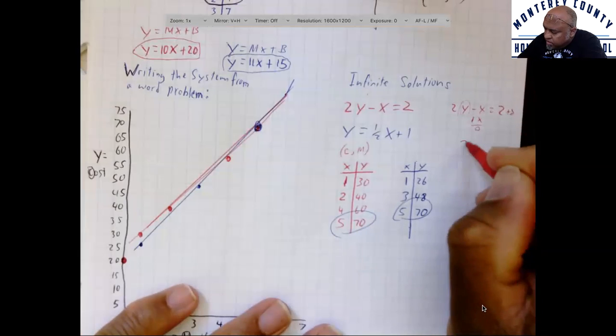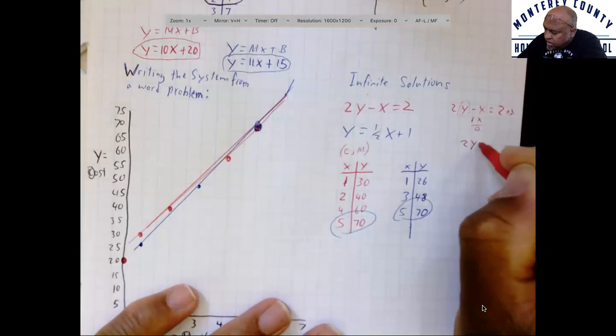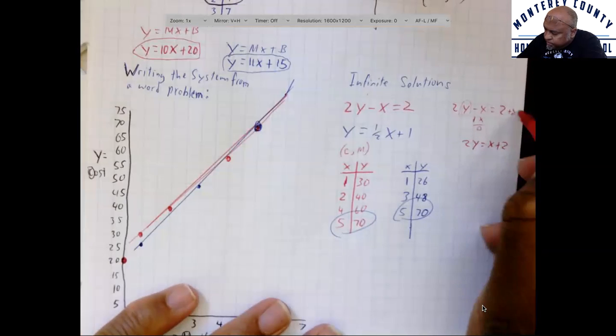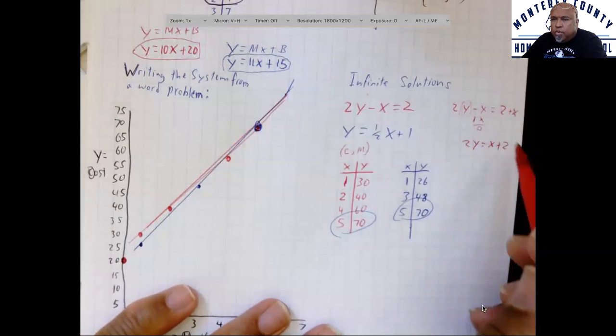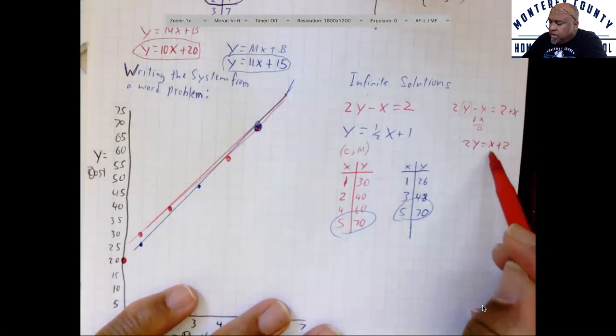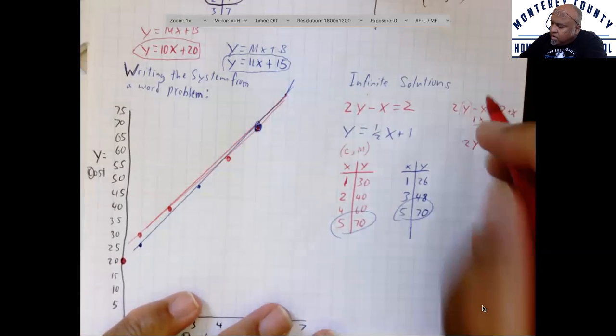So now I have 2y is equal to x plus 2. Now I switched the order because I want to write it in the form of y equals mx plus b. So that means that my x term must come first.